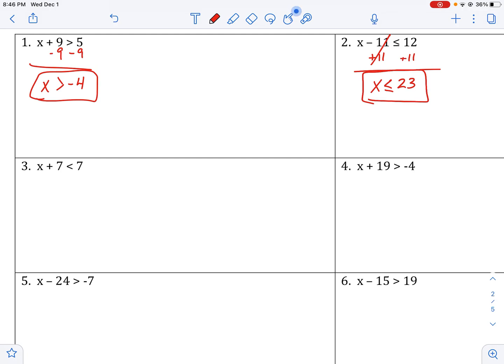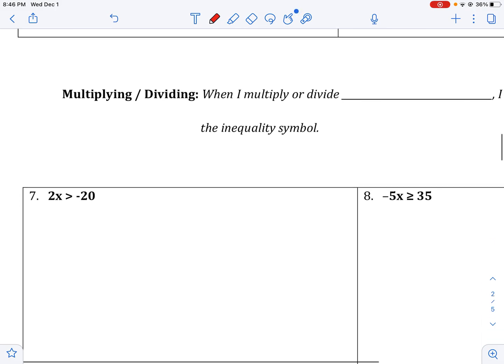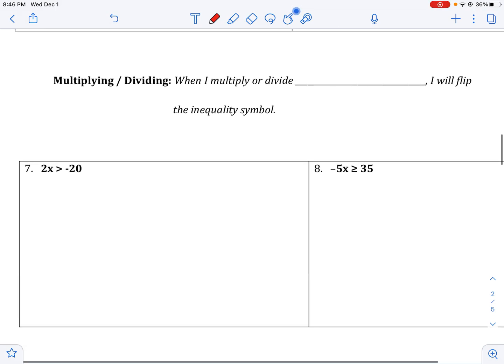The trick comes when you would multiply or divide. So when I'm multiplying or dividing in an inequality problem, if I multiply or divide by a negative number, I would have to flip my inequality symbol.